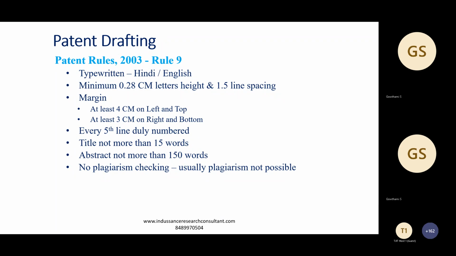But that is not the thing. Patent office has restricted that the abstract should not be more than 150 words. And if it is more than 150 words, the objection will be raised in the first examination report. You will, for damn sure, receive the objection from the patent office stating that your abstract is more than 150 words. So you will have to keep it within 150 words.